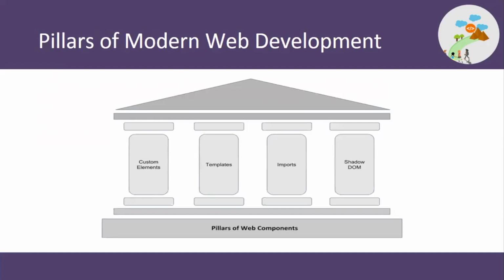When I'm talking about modern web development, these are general principles of web development which apply to even your JavaScript code, and it is not very Lightning Web Component specific. We'll come to understand how Lightning Web Components really imbibe these principles, but these are general principles which are applicable to regular JavaScript as well.